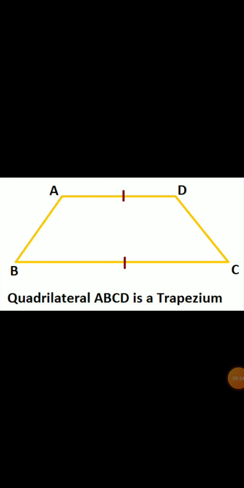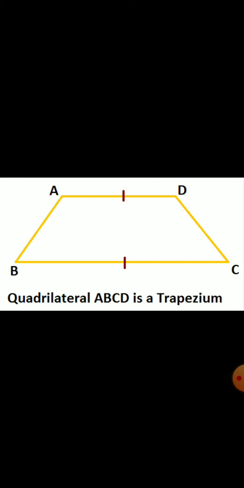But if I ask, can we say that a trapezium is a parallelogram? No, we cannot. A trapezium is not a parallelogram because a parallelogram has both pairs of opposite sides parallel to each other, right?